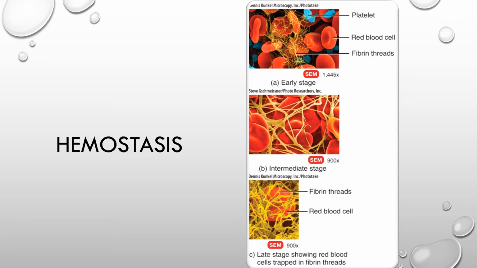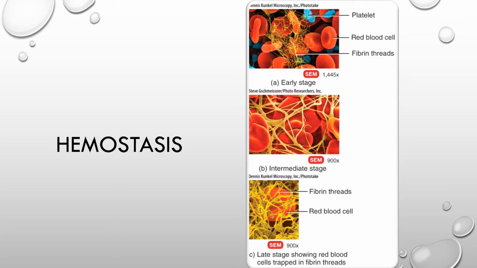Now, normally, blood remains in its liquid form for as long as it stays within blood vessels. If it's taken from the body, though, like drawn with a needle and syringe, it's going to thicken and form a gel.